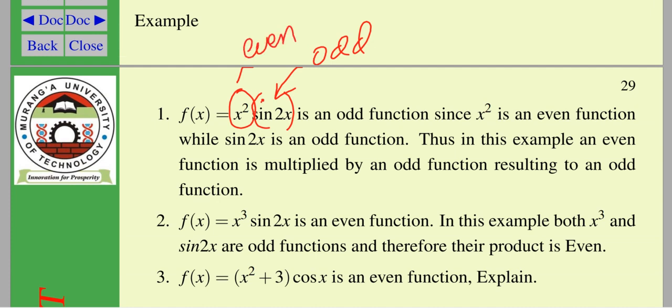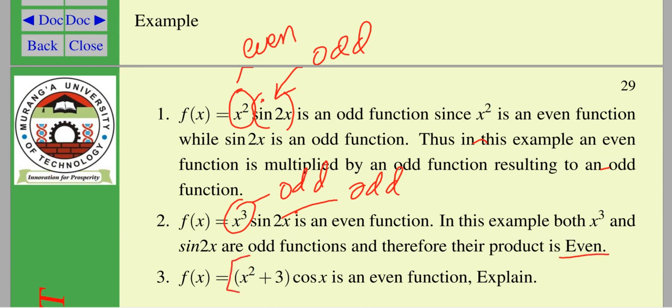So we are multiplying an odd function with an even function, and the result is an odd function. We have here an odd function. This one is odd, and this one is also odd. You multiply an odd function with an odd function, and you get an even function.